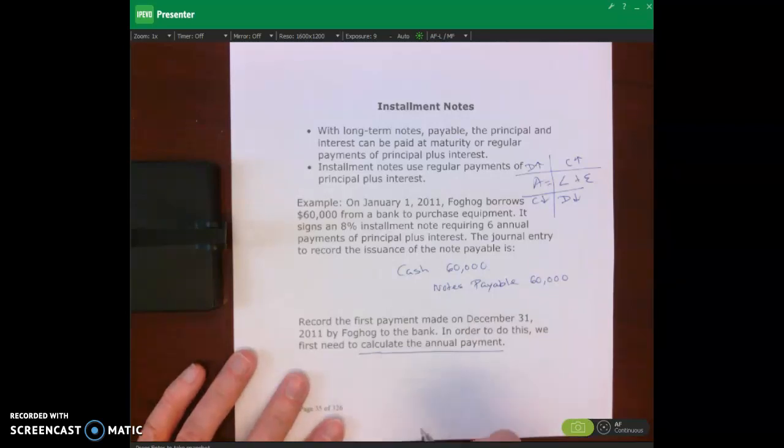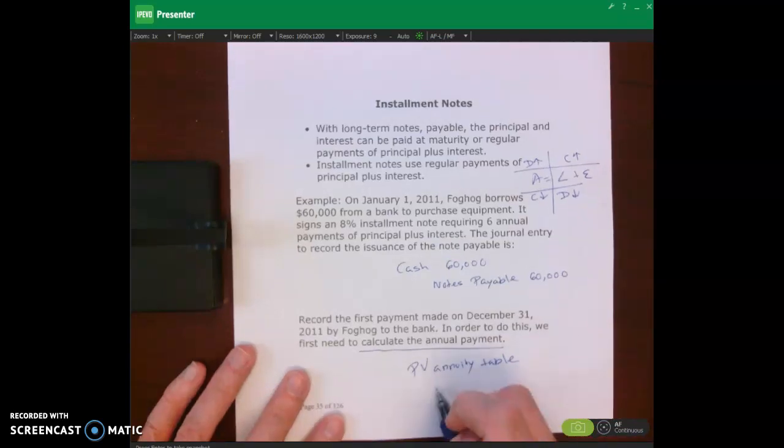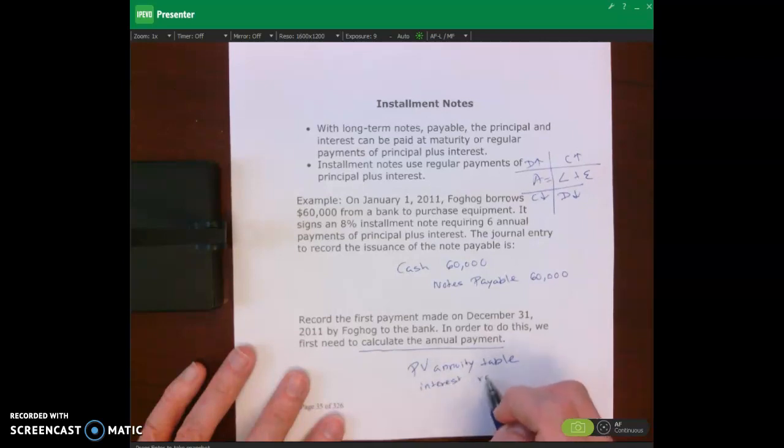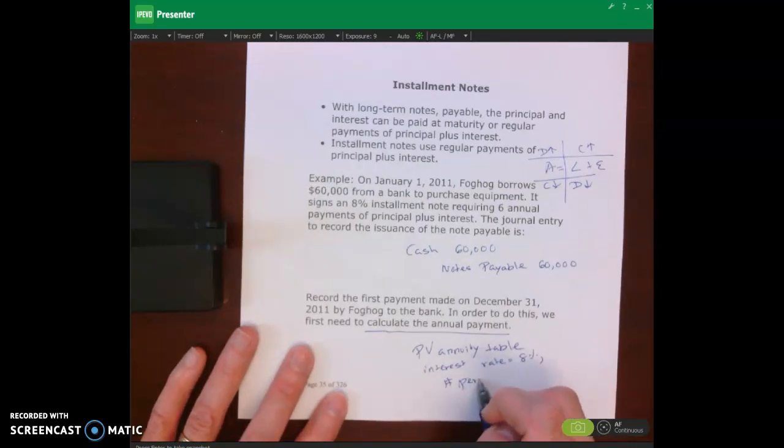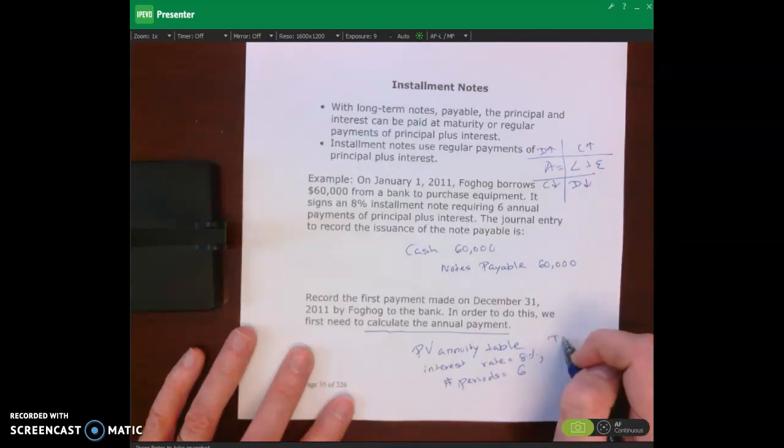So we're going to look in the present value annuity table, interest rate equals 8%, number of periods equals 6.